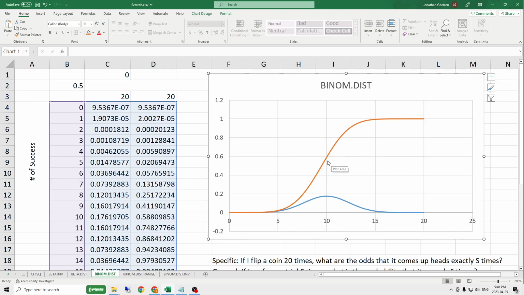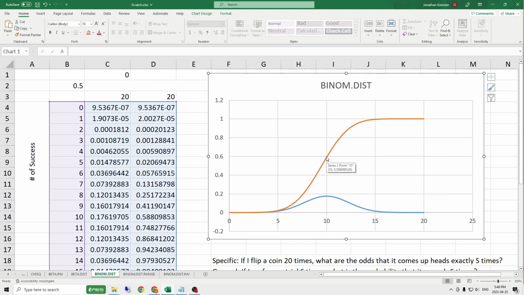And what that means is, instead of asking the question, what are the odds that I get my success exactly this many times, it's what are the odds that I get my success this many times or less. So for example, at the value 10, this is about 0.6.